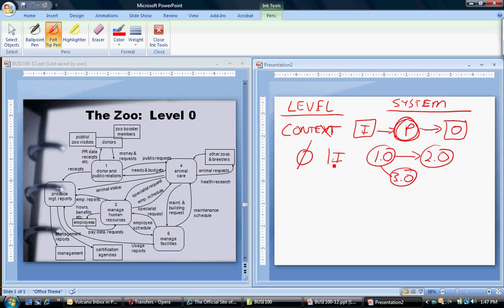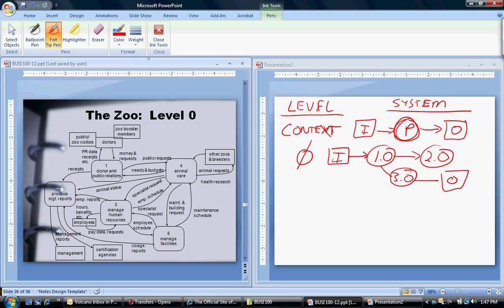And again, I have my standard input and an output entity. Again, these are not processes, those are entities that I'm flowing information into and out of. And in this case, if we go back over to the zoo example, we have donors that are sending in the money and request here.